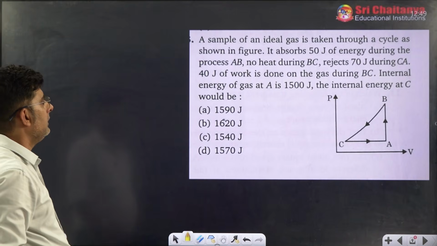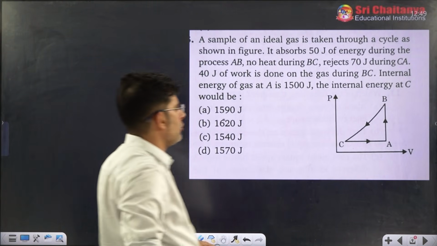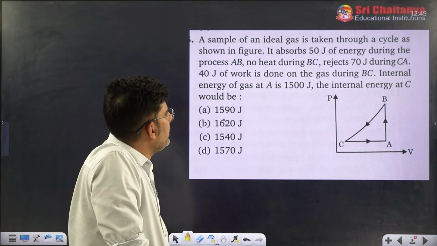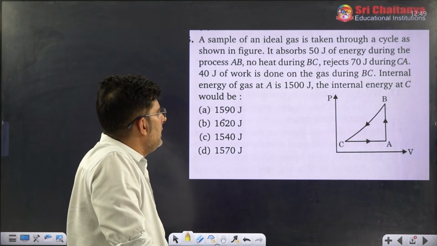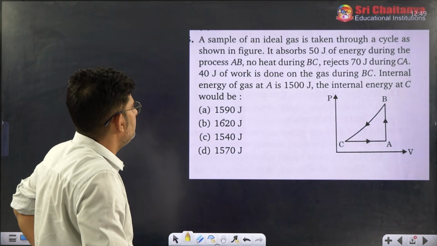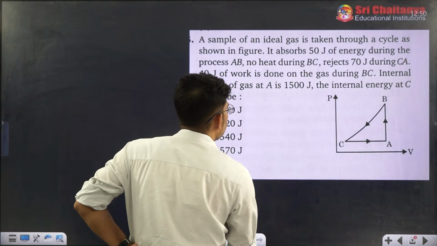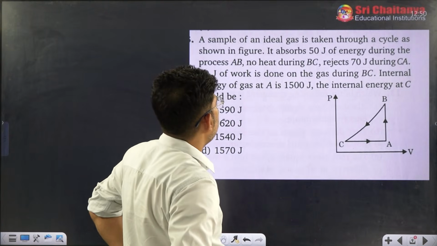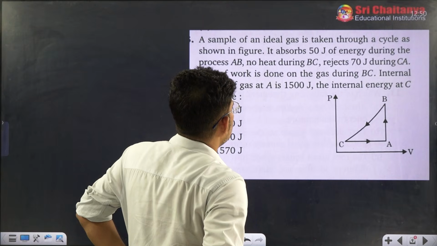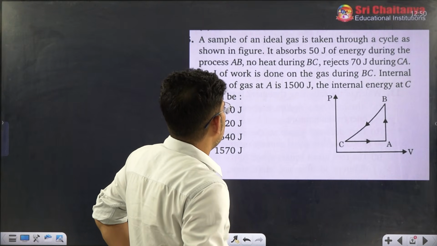Next question we are having: a sample of ideal gas is taken through a cycle as shown. We have a cyclic process ABCA and it absorbs 50 joule of energy during the process AB. So in the process AB they have given 50 joule absorbed, and no heat rejected during BC, reject 70 joules during CA, 40 joule of work done on the gas during BC.